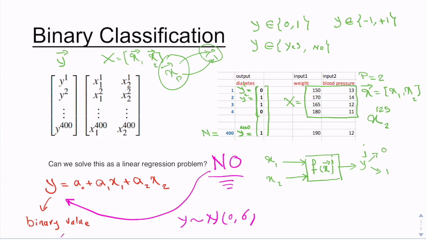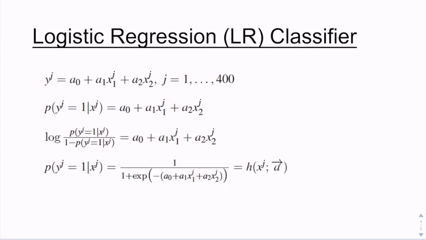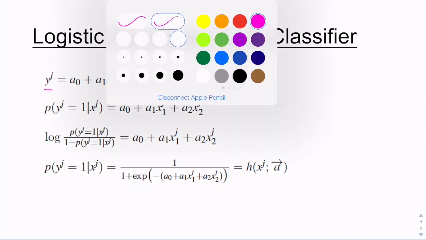Since y is a binary value, this condition is not met, therefore we cannot solve this problem using simple linear regression. Okay, so what is logistic regression? As I said, one may approach this problem saying I have 400 samples, and I have a linear relationship between input and output, and then try to solve it using linear regression. But as I just discussed, we cannot solve this problem using linear regression.